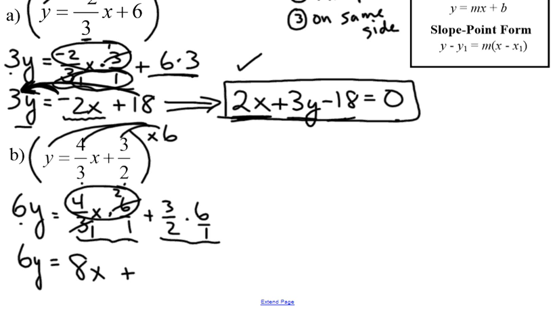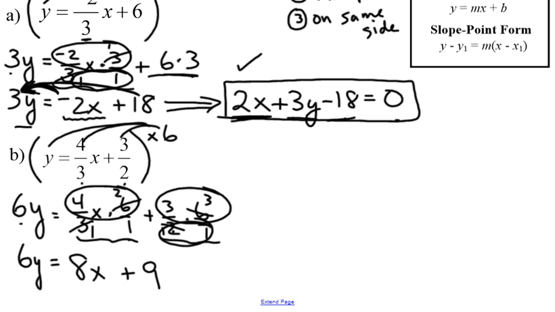Plus 2 and 6 will cancel by 2, leaves me with a 3 and a 1. 3 times 3 is 9 over 1, which is a 9. My fractions are gone. I now have 6y equals 8x plus 9.